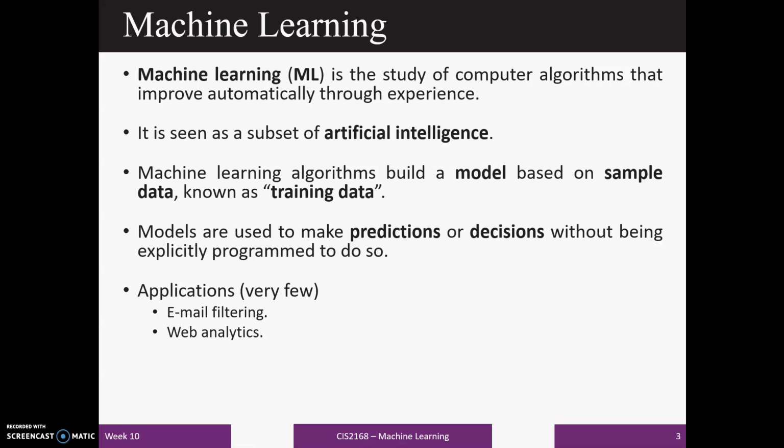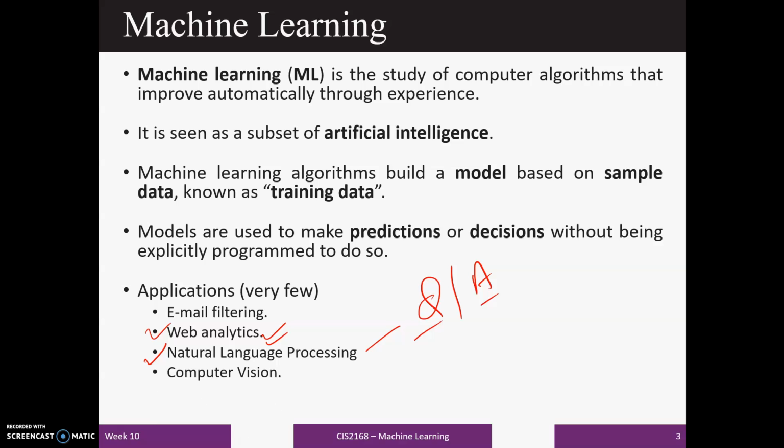You can use machine learning methods for web analytics. Right from the beginning of this model, data driven design, you are using different techniques to analyze your web data. You can use machine learning techniques for natural language processing. The best example is a question answering system, and it has a range of applications in computer vision.